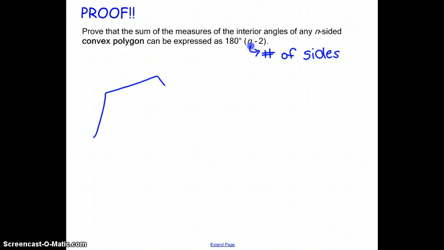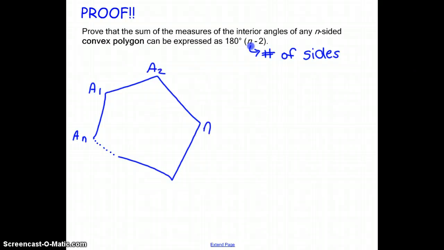So we're going to make something like this, but I'm going to just put dots to finish it off, because that means the number of sides is not set. Okay, so let's say that this is an n-gon, so that could be any number of sides. This would be our first vertex, our second, our third, our fourth, this would be like our fifth, and then there could be any number in between 5 and n. Okay. Next, I'm going to connect some of these vertices to make triangles.